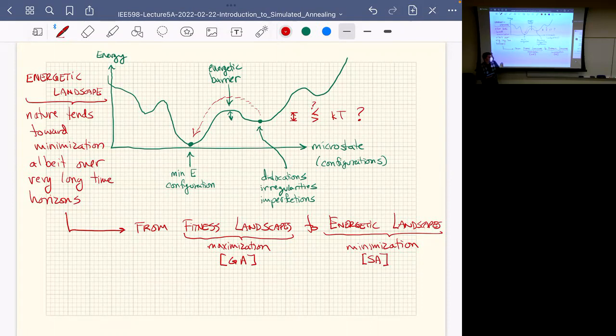So like I said, large T ensures exploration, and small T ensures exploitation.